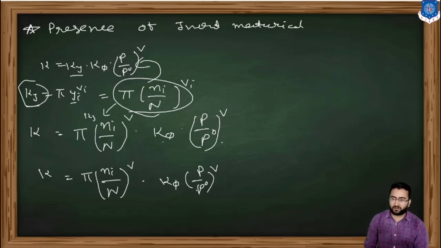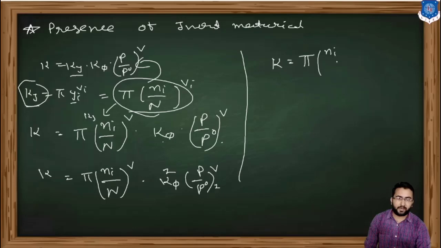But for an ideal solution and standard state, both of these become 1. So this equation becomes K is equal to the product of ni upon N whole raised to V, into P whole raised to V.